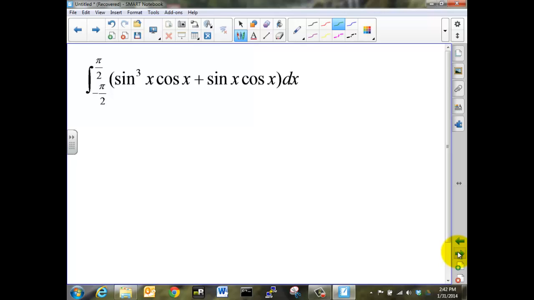So, how do you think you want to attack this? All right? So, if we let u be sine x, now, finish it off from there. Determine what your du is. Write out what your problem becomes.